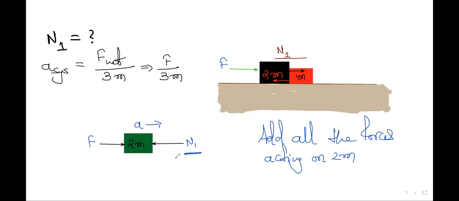What will be the direction? Will it be negative? It will be positive, isn't it? Yes, it will be negative and positive, respectively. So the net force will be F minus N1, which will be equal to mass into acceleration. Since the body is accelerating towards the positive direction, the acceleration will be positive, isn't it?